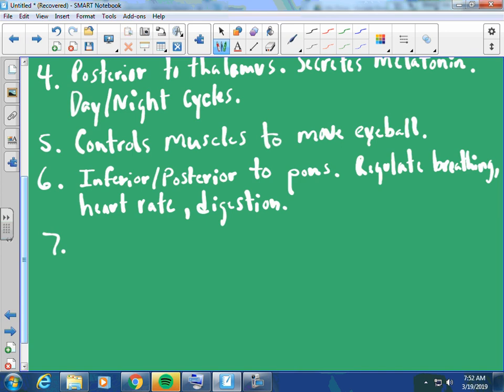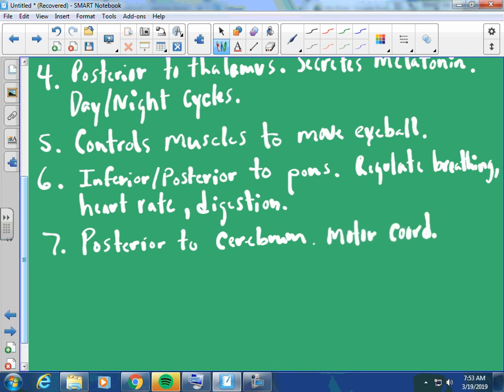And anytime you can just relate something easily to the cerebrum, do it, because the cerebrum is the most notable, obvious part of the brain, right? So the cerebellum is just posterior to the cerebrum, just behind it. That is involved with our motor movement coordination. And balance.